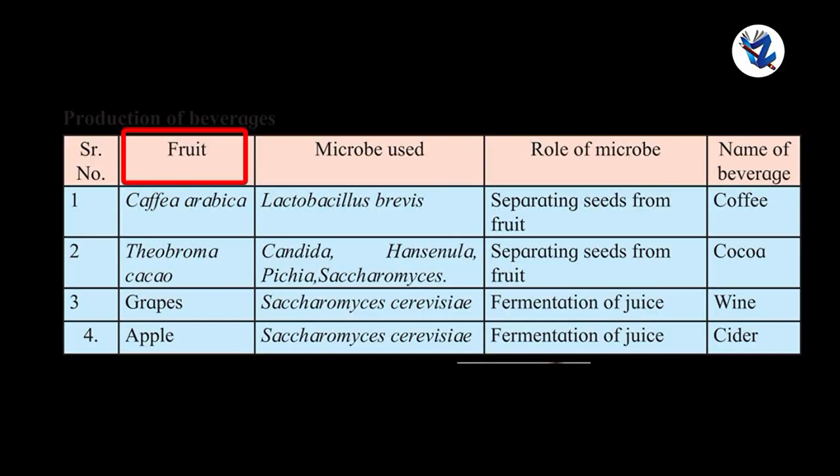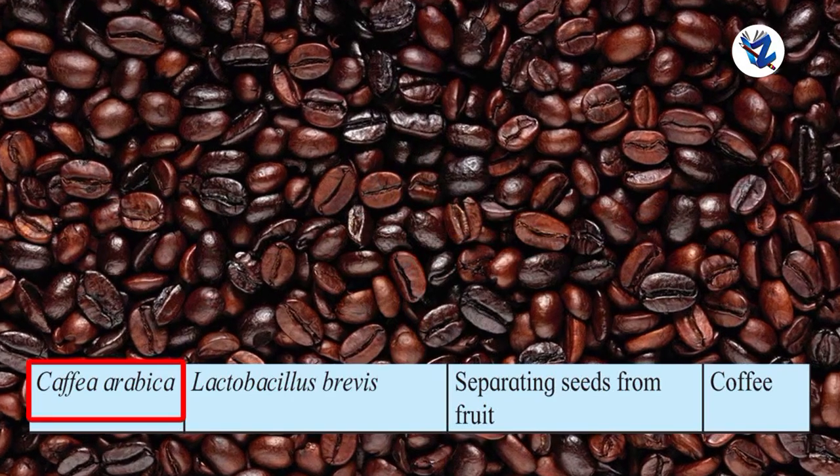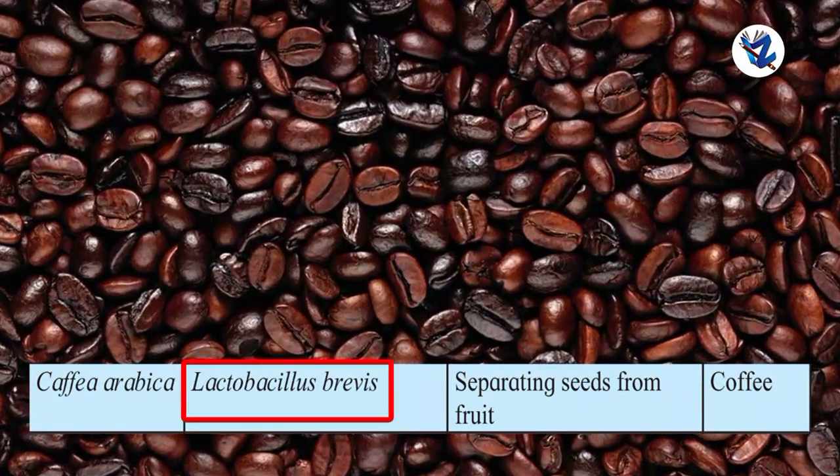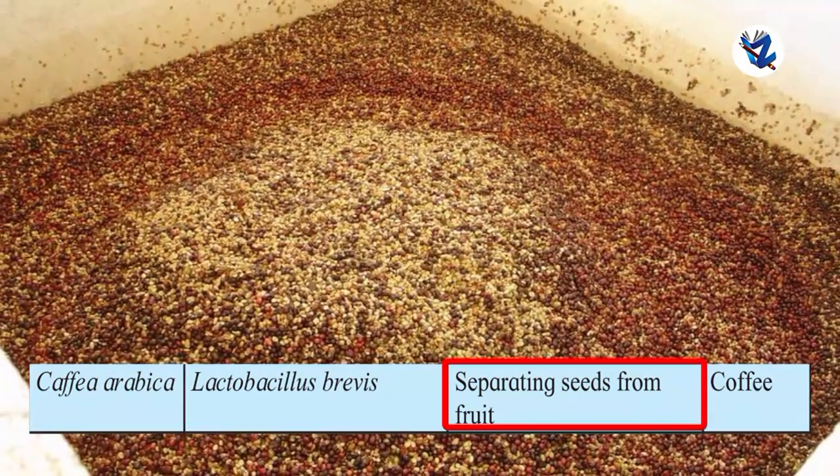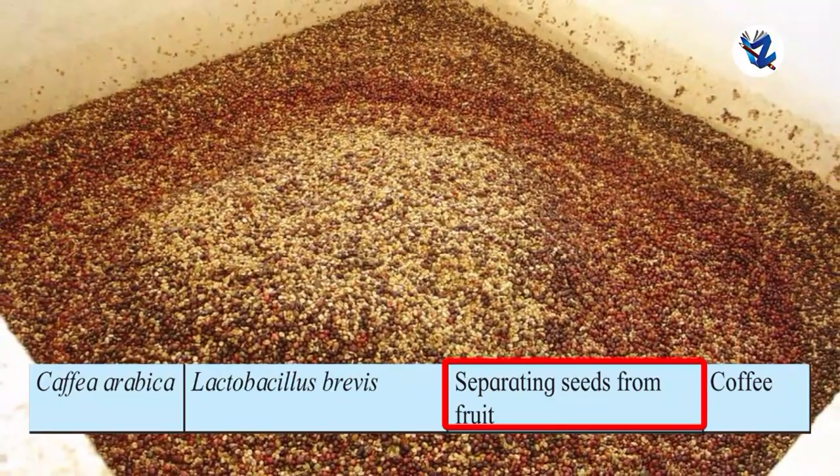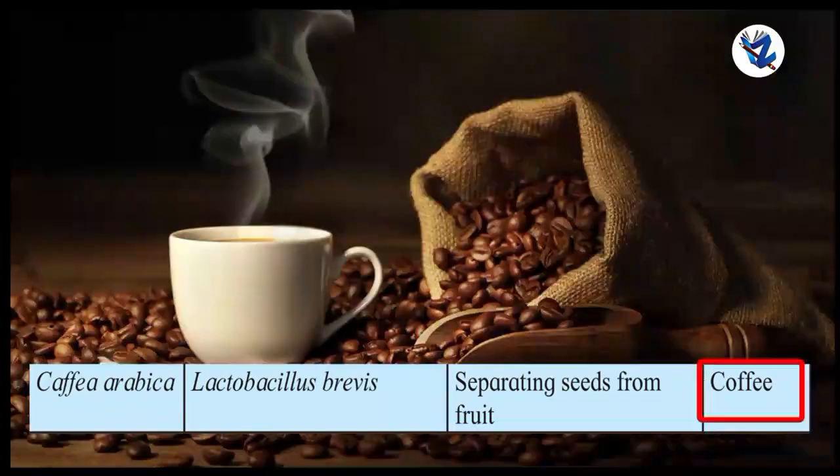Then production of beverages. Fruits, microbe used, role of microbe and name of beverage. Coffea arabica, microbe Lactobacillus brevis, role separating seeds from fruit, and beverage coffee.